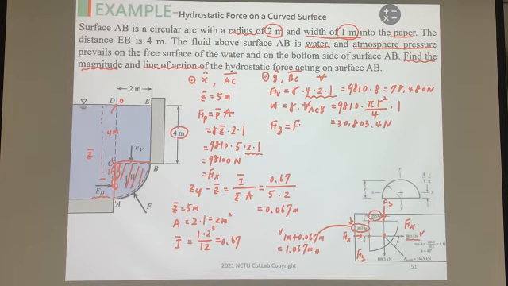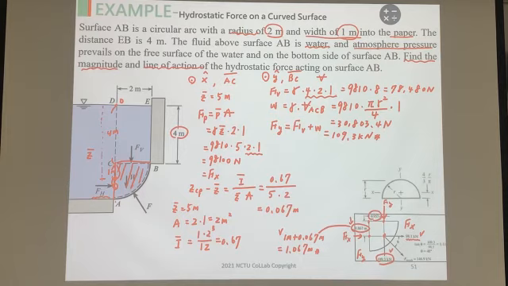So simply we just plus Fv with the weight. Okay, so you can compute the Fy first, 78480 plus the weight. So the answer is equal to the 109.8 kN. Okay, so we got it because the answer showing here is the same.